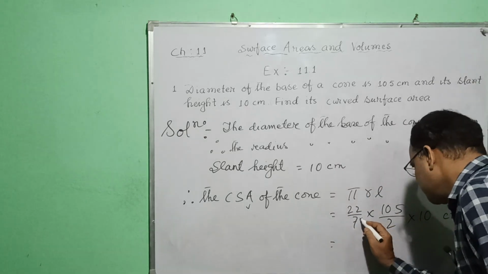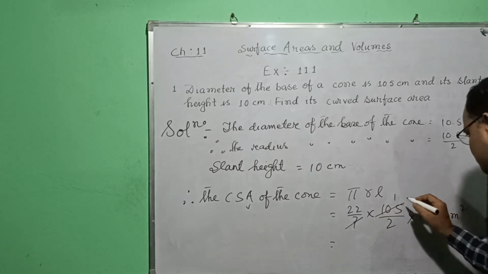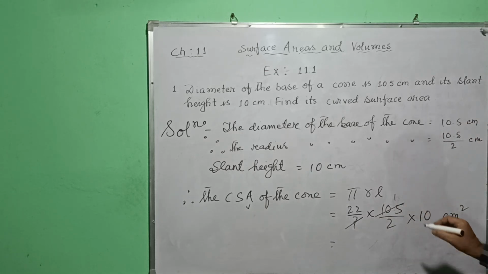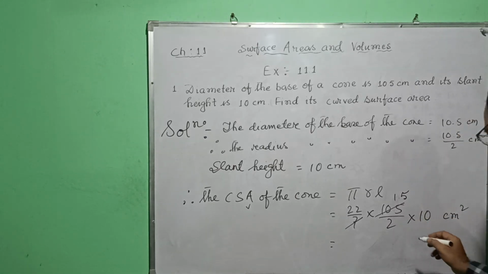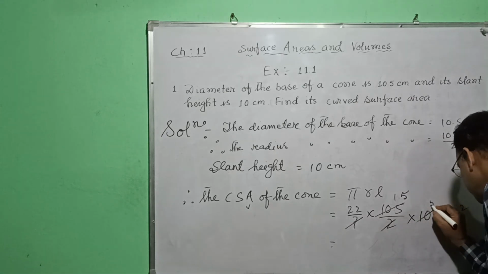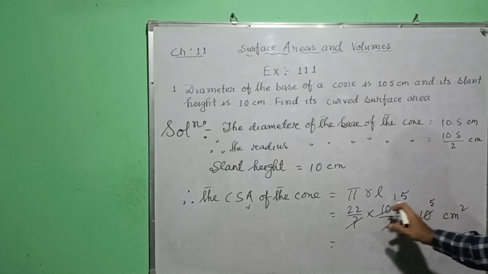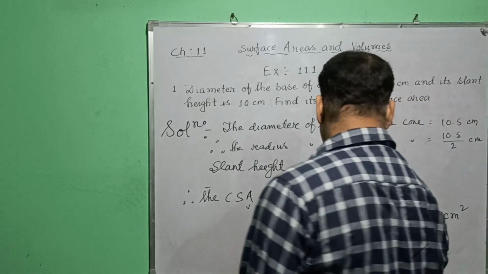Now it is divisible by 7. We'll cut it. 10 ones are 10, 3. So point is coming. So 35, 5 7s are 35. So it is 1.5. And here 2 is also divisible by 10. It is 5. Now to multiply 22, 1.5 and 5 to get the curved surface area.